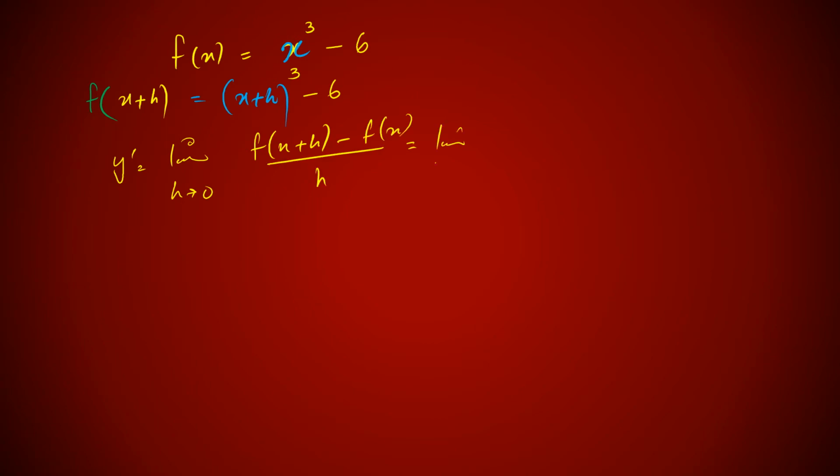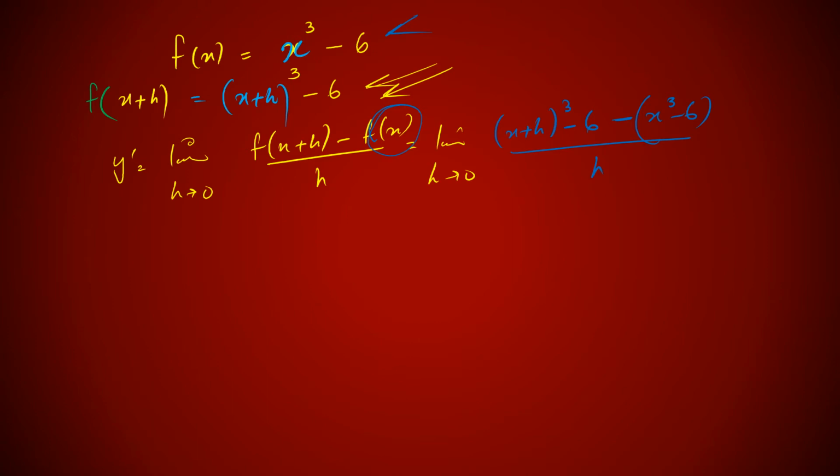So we will write limit h approaches 0. In place of f of x plus h, we will write x plus h whole cube minus 6, then minus f of x, which would be replaced by your expression, over h.